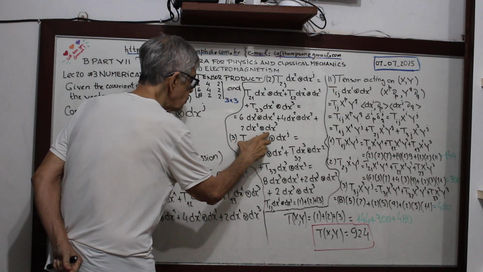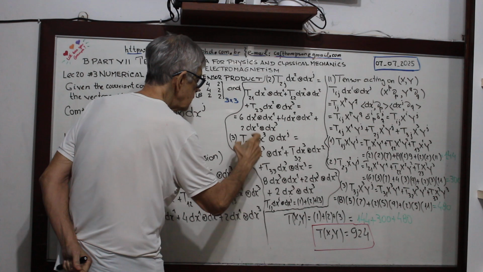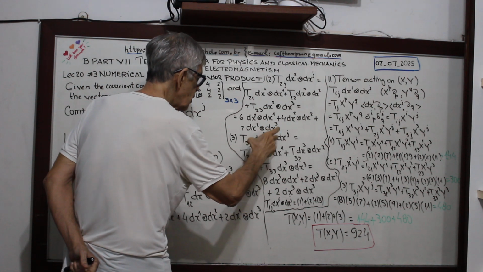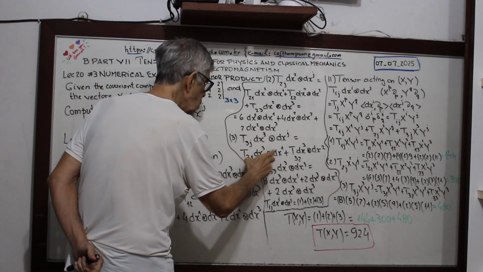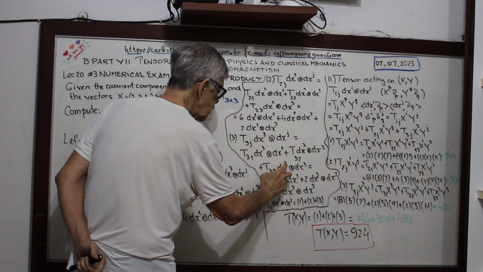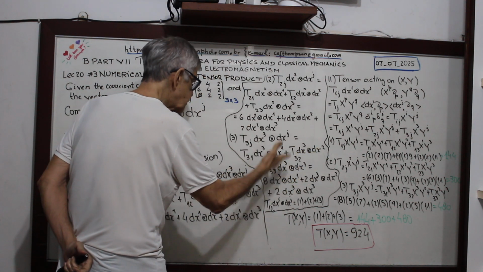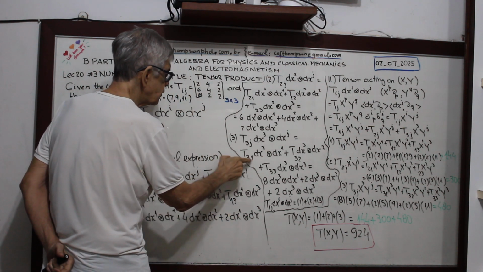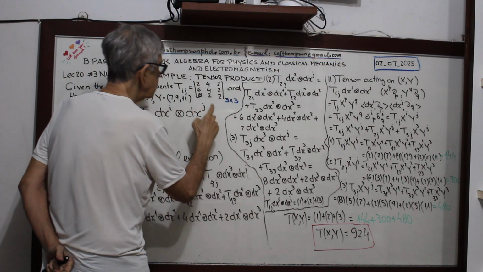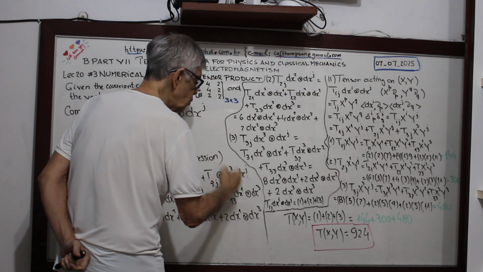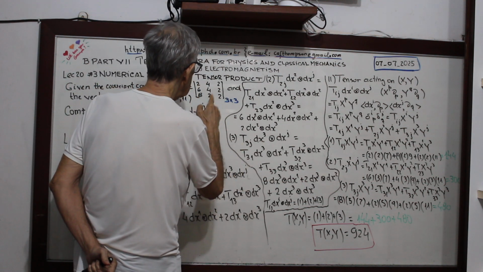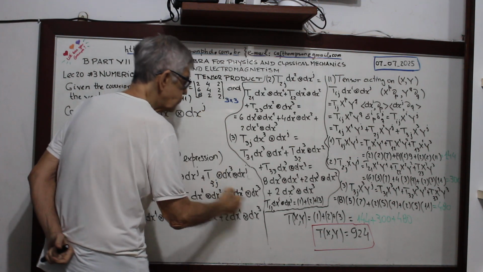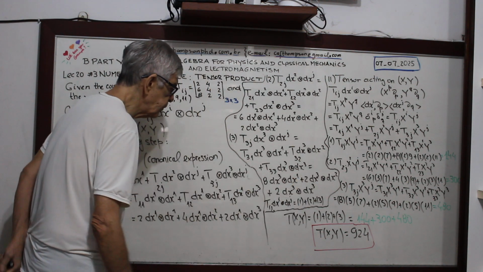And item 3, that is for i equal to 3. Here j is dummy, so j is equal 1, j is equal 2, and j is equal 3. I just substitute the coefficients here: T31 is 8, T32 is 2, and T33 is 3. I just set them over there.